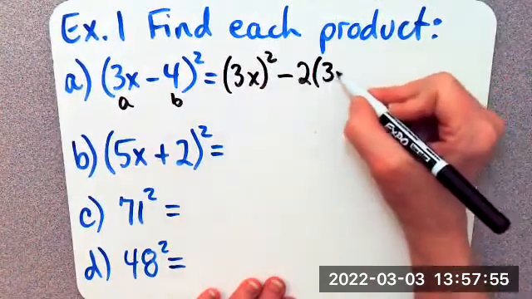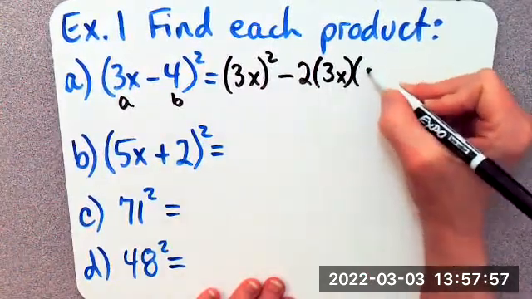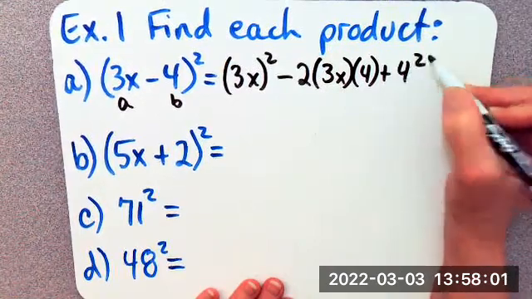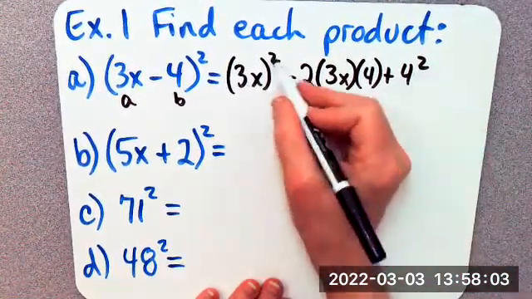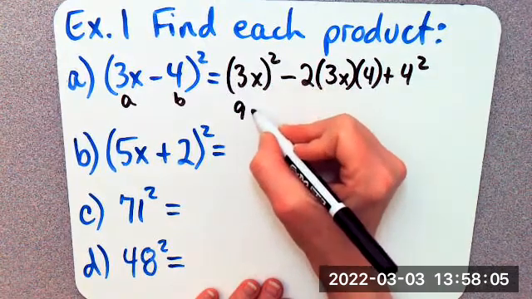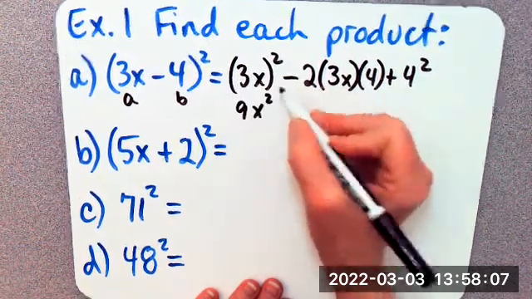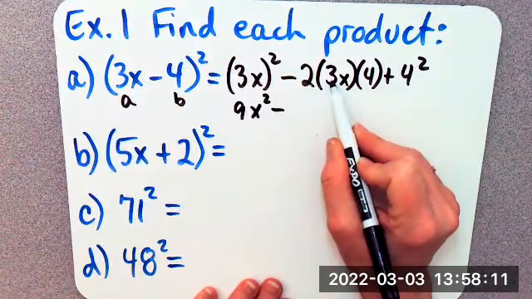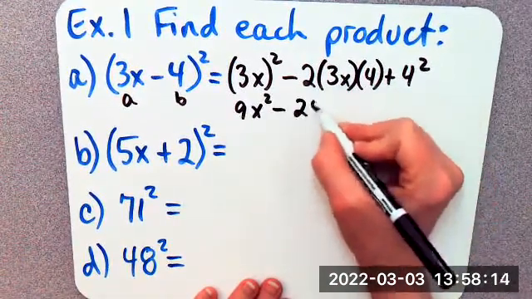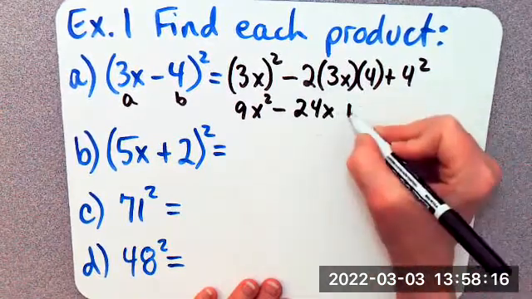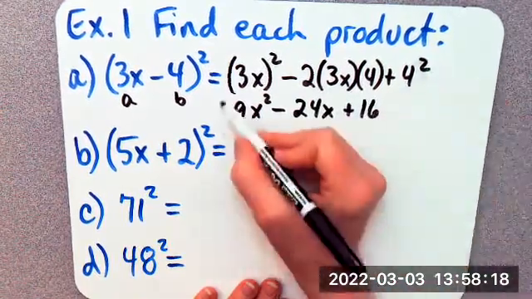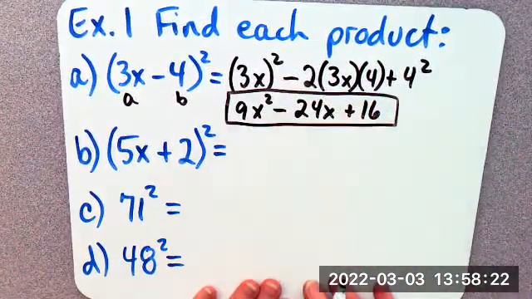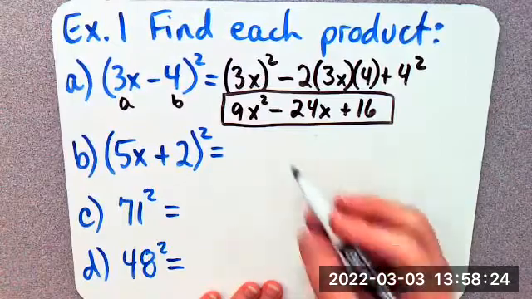So 3x, and then b is 4, plus 4 squared. So that's the formula. 3 squared is 9x squared minus, and then 2 times 3 is 6, 6 times 4 is 24x, and then plus 16. So that's the answer for that when we just use these special formulas.